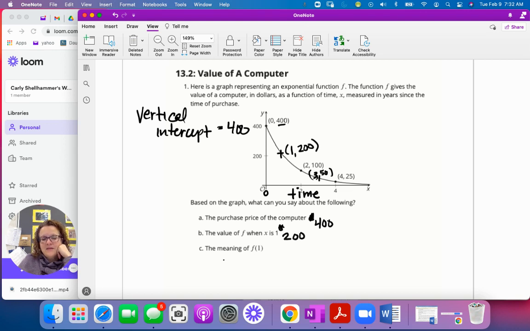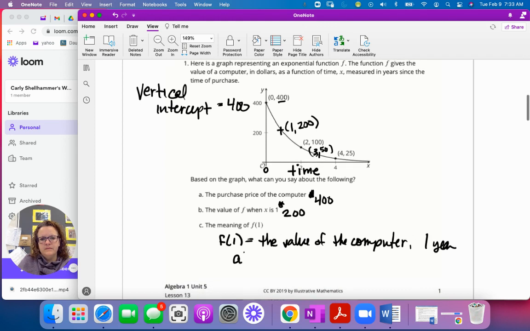And the meaning of f of 1 equals the value of the computer one year after purchase.